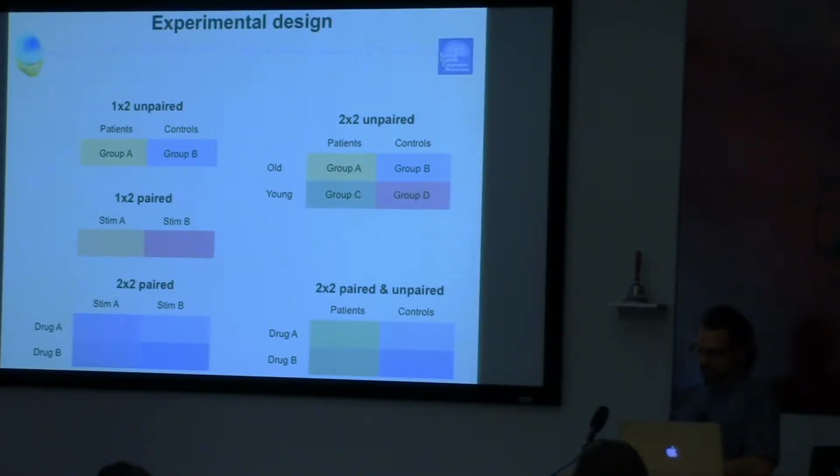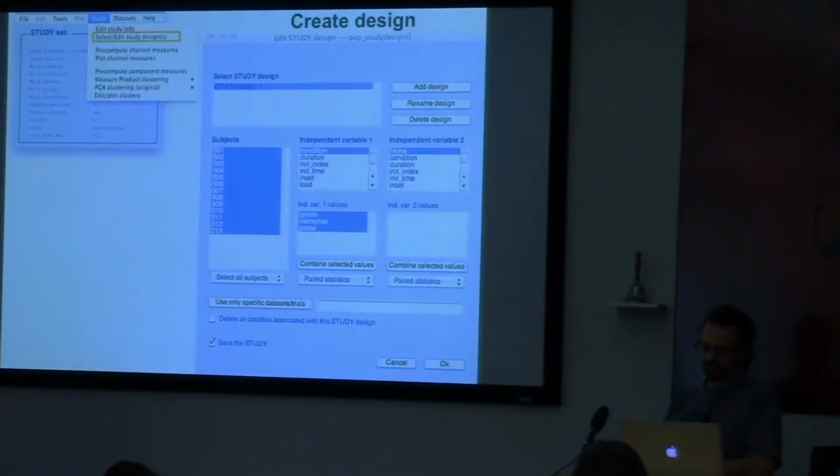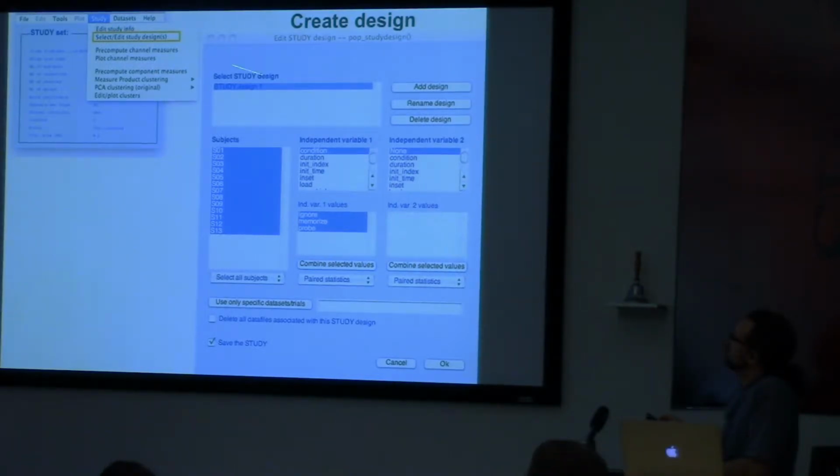And to do that in the current interface, in the new one, we'll talk about this afternoon, you can do as many as you want. There's no limits. And you can do both categorical and continuous variables. So here, once you've loaded your datasets, you select your datasets, you have to create your, what we call study design.